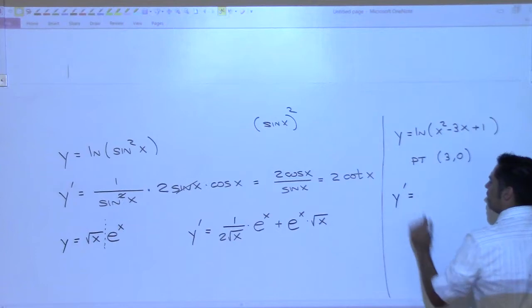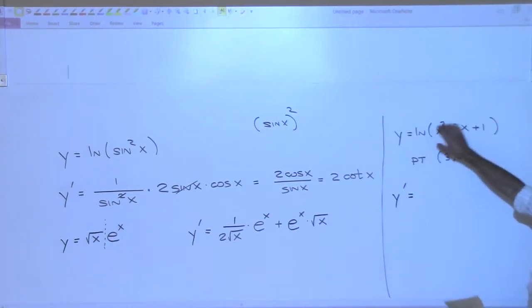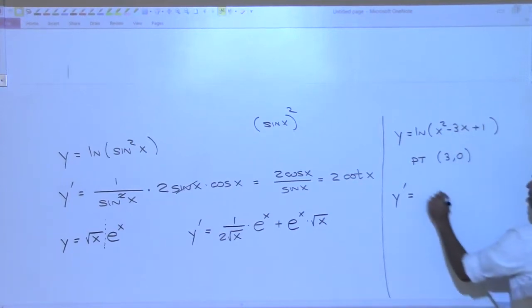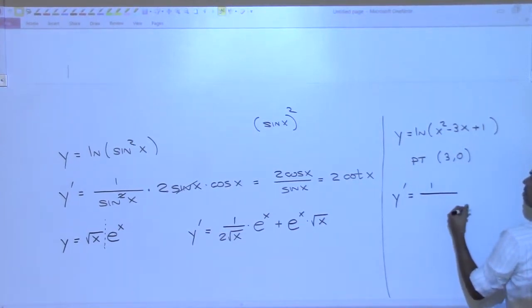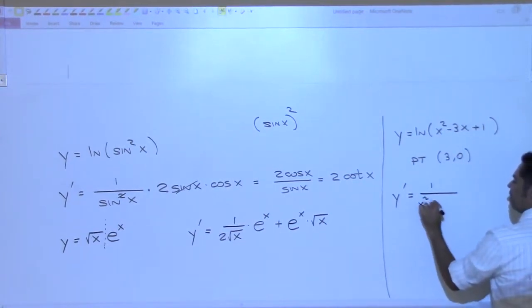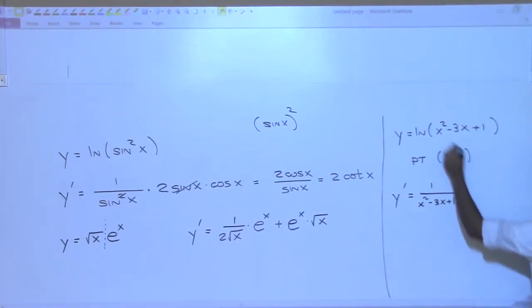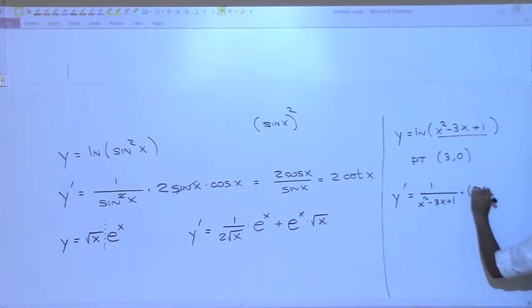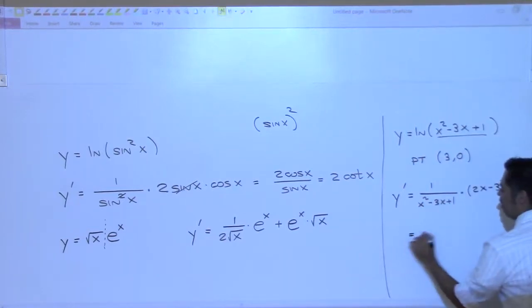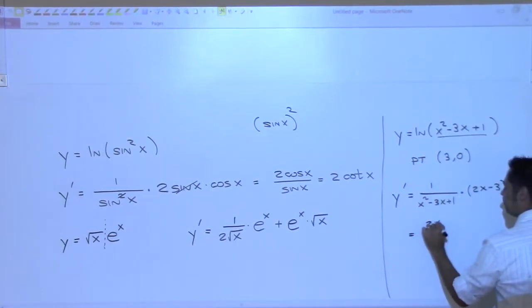The derivative of this, again, you have natural log of u. So the derivative of natural log of u is 1 over u, x squared minus 3x plus 1. And then times the derivative of what's in here, which is 2x minus 3. That needs to be in parentheses. So you could, if you want, slide that on top.